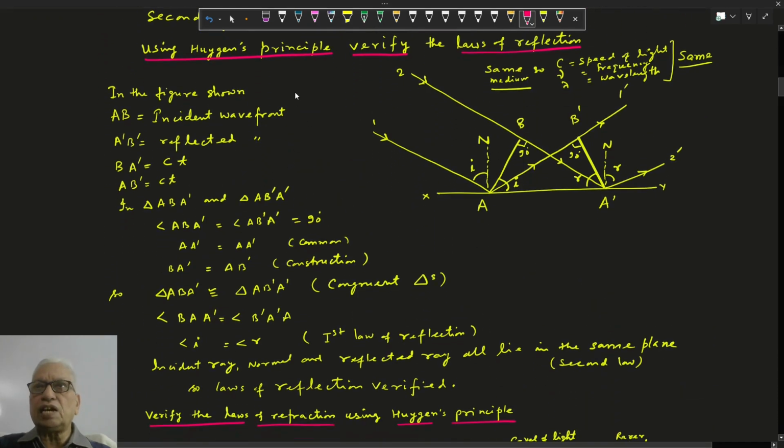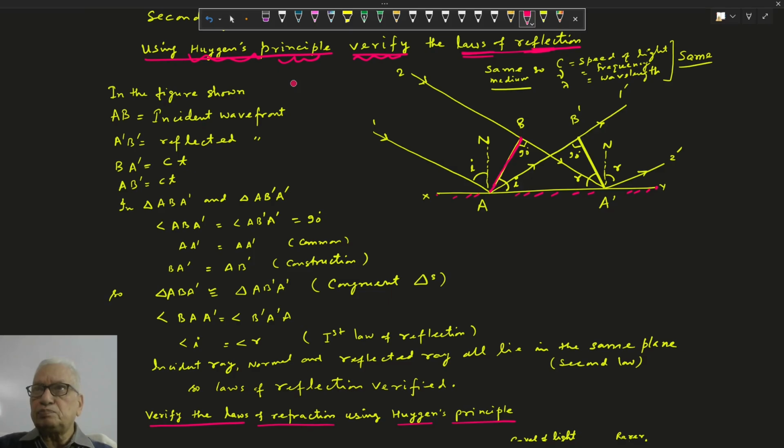Now using the Huygens principle, we are verifying the laws of reflection. Let us say this XY is the reflecting surface, and incident rays 1 and 2 are coming here. AB is called the incident wavefront, and again using the Huygens principle, on the present wavefront AB, each and every point is treated as a new source of wave.